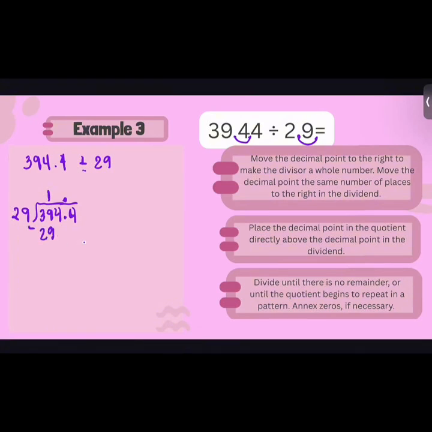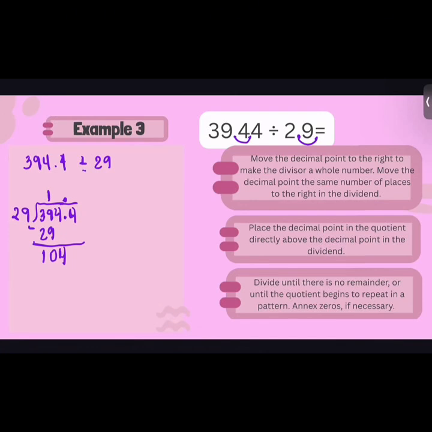So minus po natin, 9 minus 9 is 0, and 3 minus 2, this is equal kay 1. So 10 divided by 29 cannot be, therefore we are going to add the next digit which is 4. Next, 104, i-divide po natin kay 29.